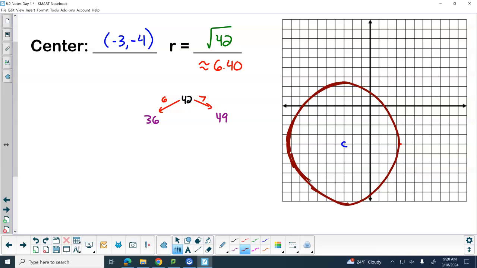But when you go to graph, you have to convert it into decimal form to figure it out.